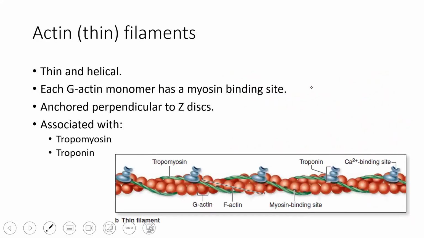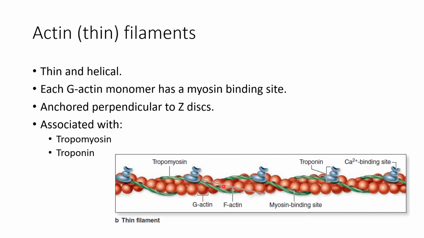Then we come to the thin filaments. So this is the thin filament. It is thin and helical, and it consists of these globular structures. One of these globular structures is called G-actin or globular actin.